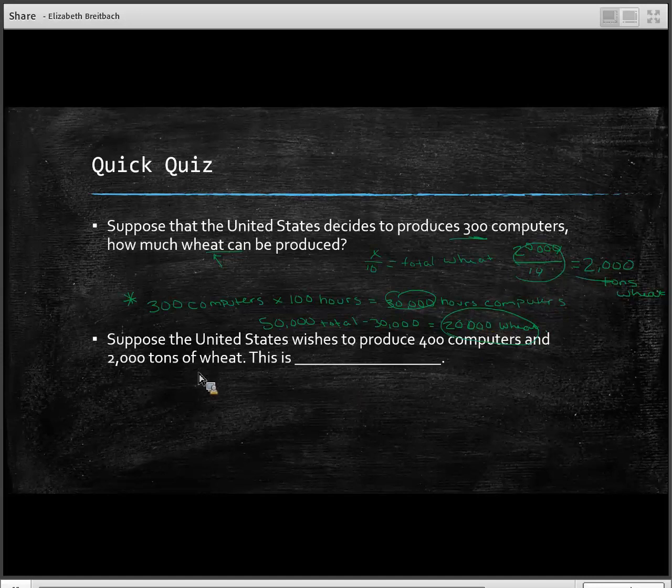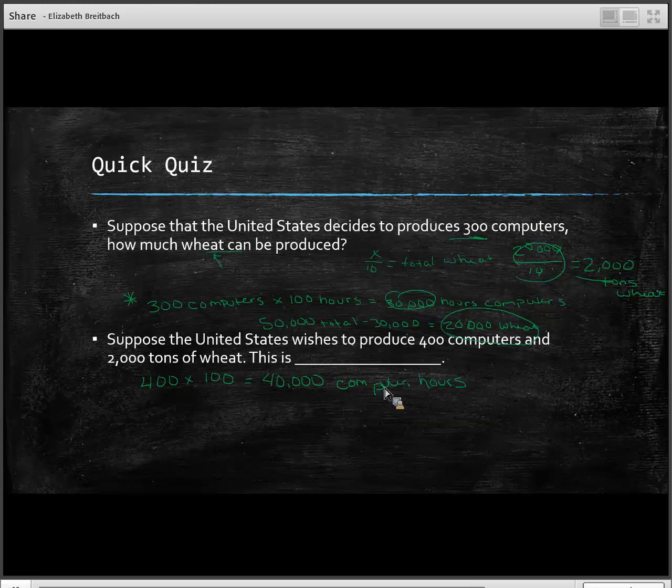Okay, finally, suppose that the United States wishes to produce 400 computers and 2,000 tons of wheat. How would we describe this point? Well, to produce 400 computers, we know it takes 100 hours to produce one, so that's 40,000 hours that we're devoting towards the production of computers. So I'm just going to call those computer hours.